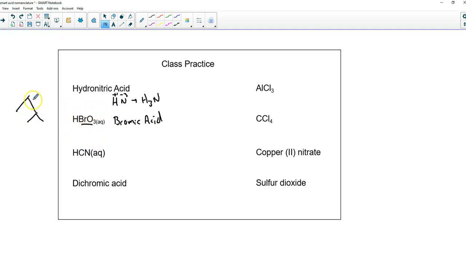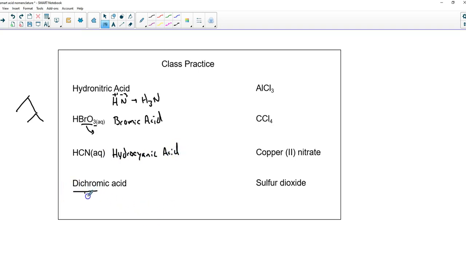So, the oxyacid method: okay, what is my formula for this? I go to my mental note card to get the template that I'm going to follow to do this name. Therefore that's bromate, and I got bromic. All right, this one we just had a second ago, hydrocyanic acid.